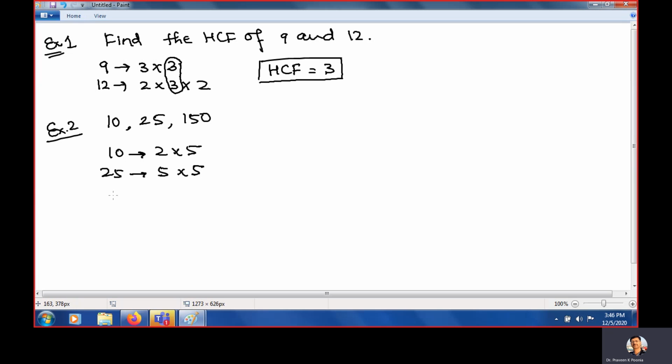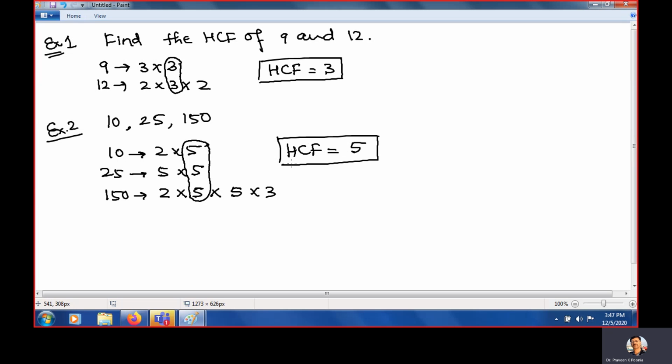And 150 is 2 times 5 times 5 times 3. These are the prime factors of 10, 25 and 150. If you see, only one number is common among all three, that is 5. So the HCF of the three numbers is 5.